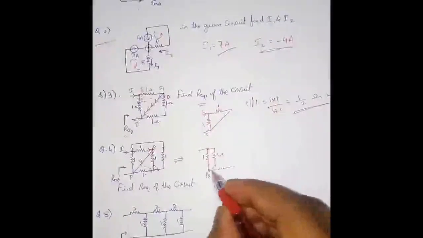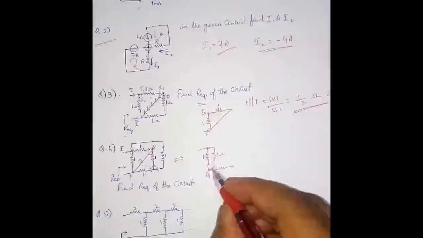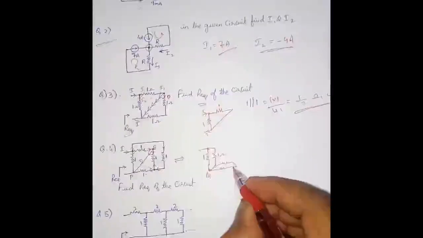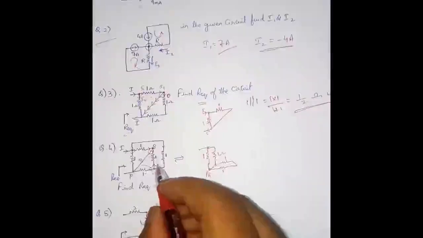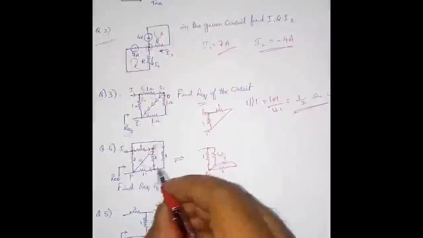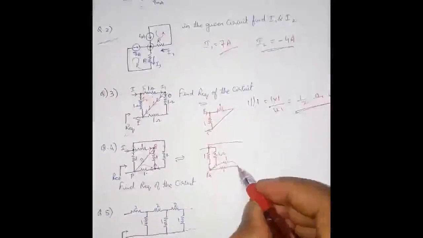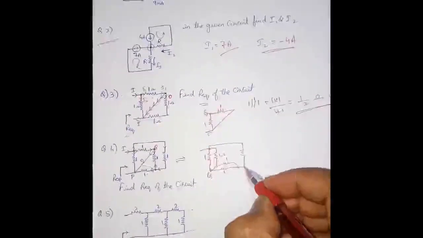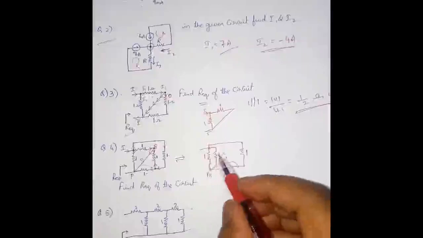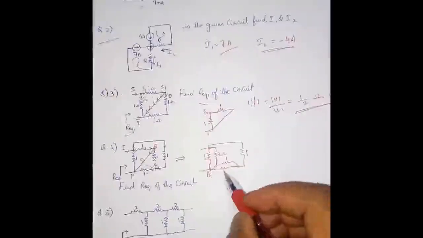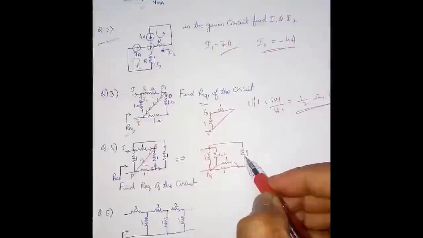This is a 1 ohm resistor, and this resistor I will draw like this, 1 ohm, 1 ohm. And from here to here I have another resistor, so this point to this point will have 1 ohm resistance. So now it is clear, these two are parallel, these two are parallel, and then they are connected to this.